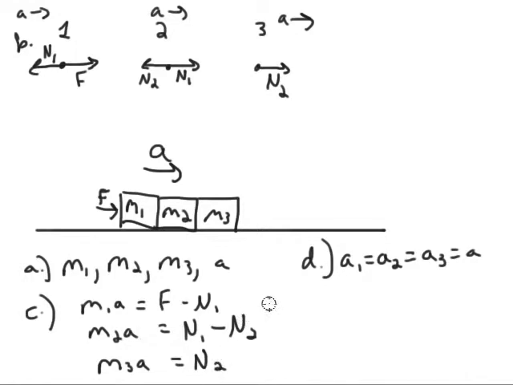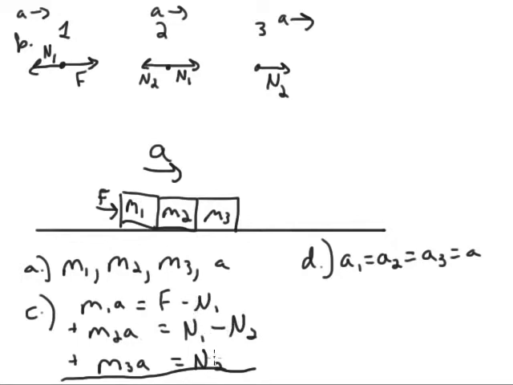So the next thing is part E, which wants to know what the external force F is. So what we can do is we can just simply add all of these up. So this F is going to stay there. We have a minus N1 and a positive N1 here, so those are going to cancel.